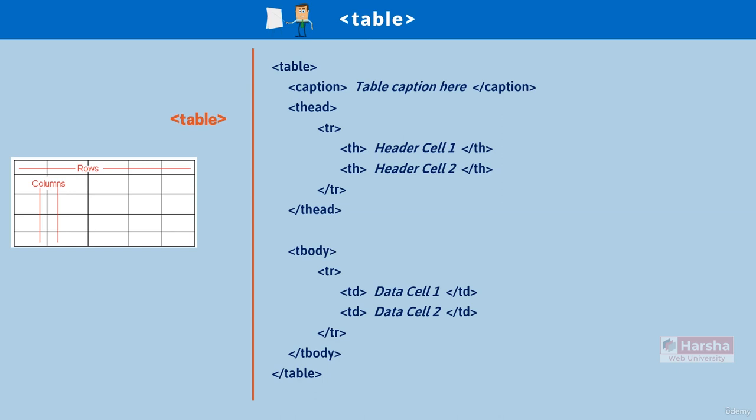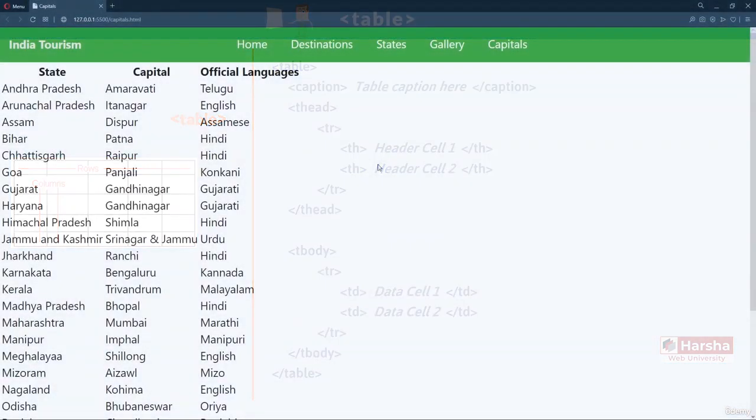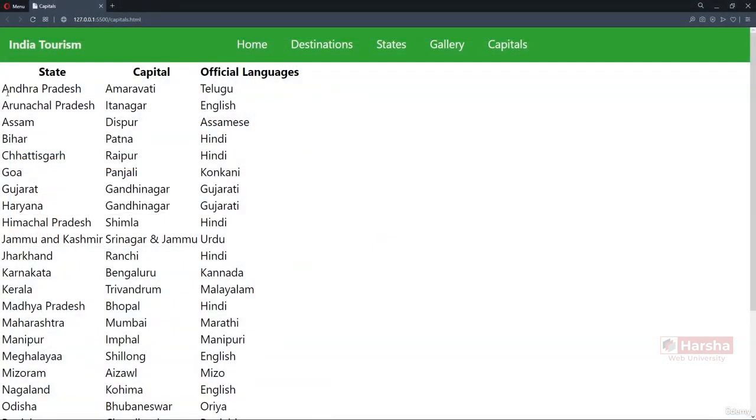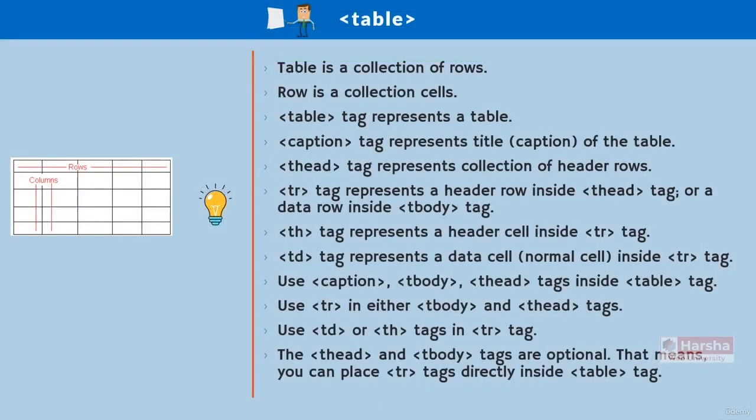That means you can place plain text, images, or hyperlinks in the td or th tags. th equals td plus bold plus center. For example, this is your td and this is your th tag. So we have practically understood the usage of table, thead, tbody, tr, th and td tags.